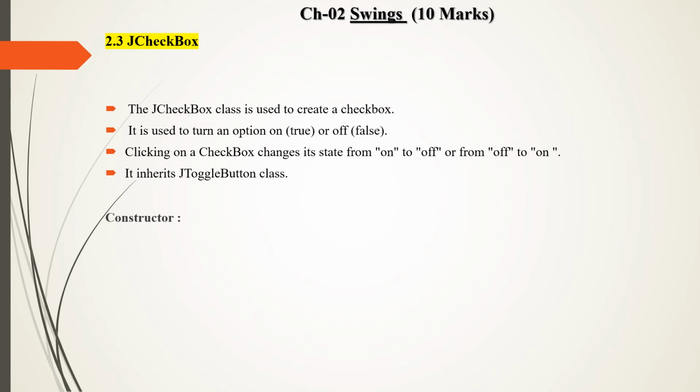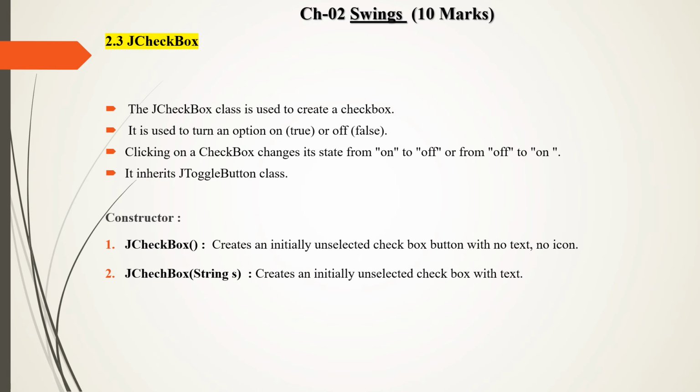The constructors of JCheckBox: the first constructor is the default constructor, which creates an initially unselected checkbox button with no text and no icon. The second constructor of JCheckBox has one parameter, String s, which creates an initially unselected checkbox with specific text.